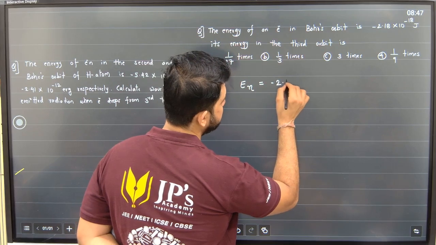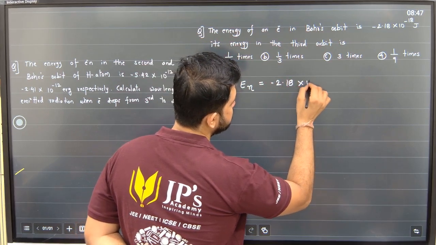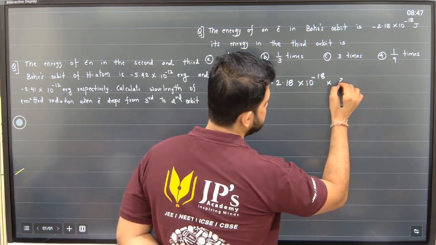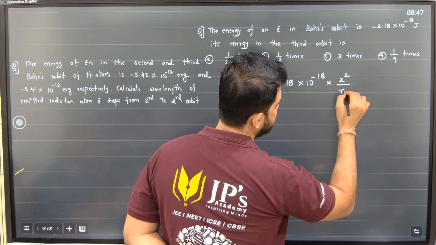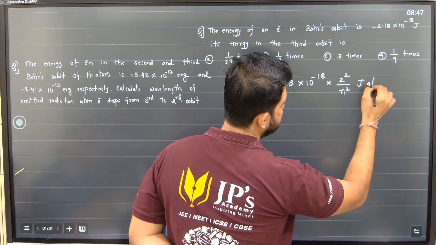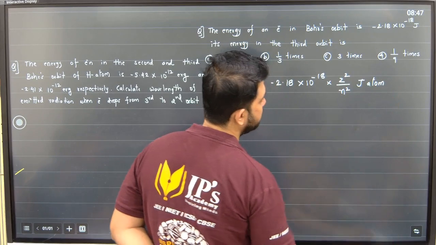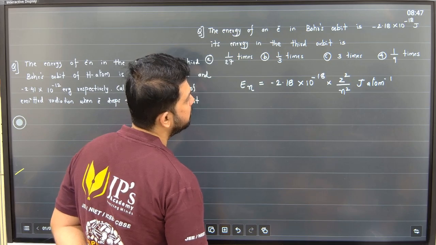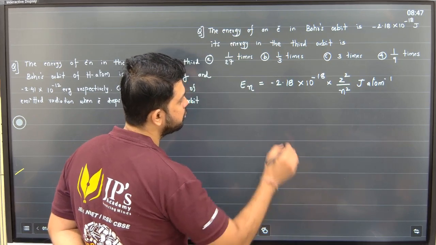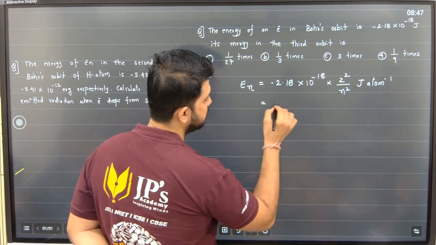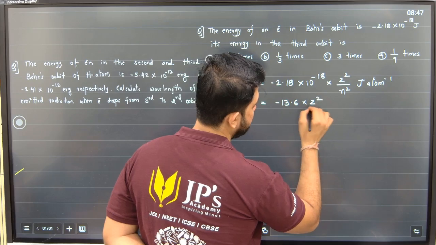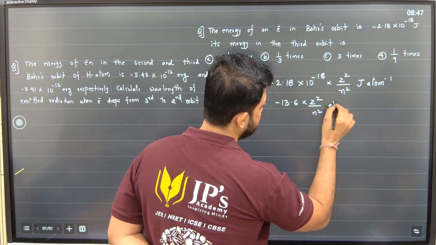Minus 2.18 into 10 raised to minus 18 into Z square over n square joule per atom. And the same formula in electron volts. Anyone remembers in electron volts? Minus 13.6. Excellent. Into Z square over n square electron volts.